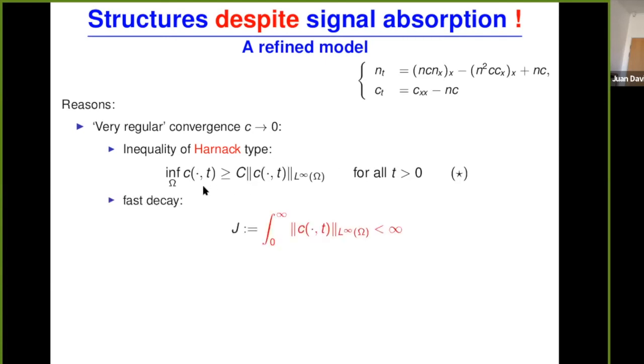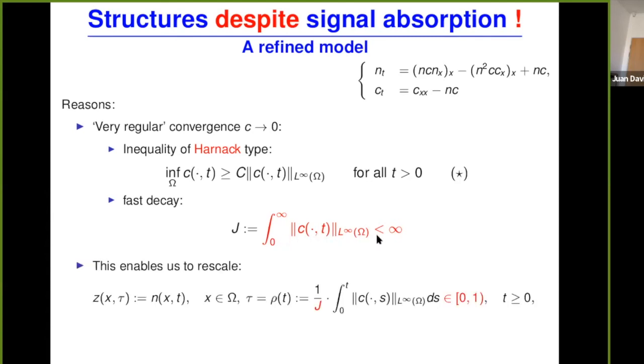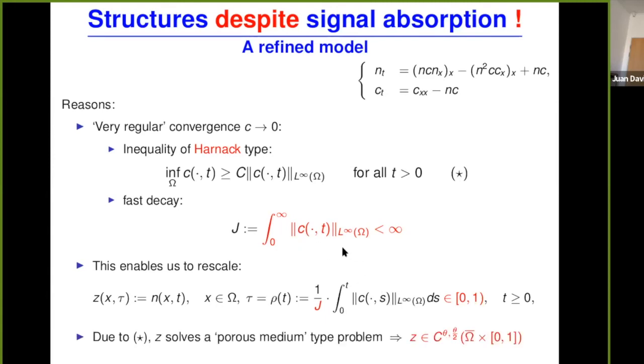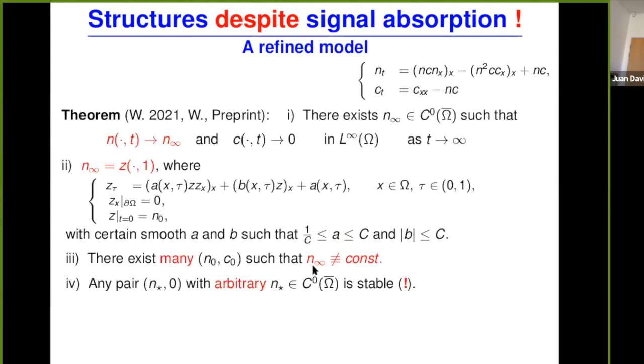You have this Harnack inequality, meaning that you have a very regular type of convergence to zero in this C part. In particular, this means that, and you can prove that, this decay is integrably fast, and that if you now rescale the first solution component by rescaling the time with this quantity inside, then Z, this new quantity, solves this porous medium type problem that we have seen here.